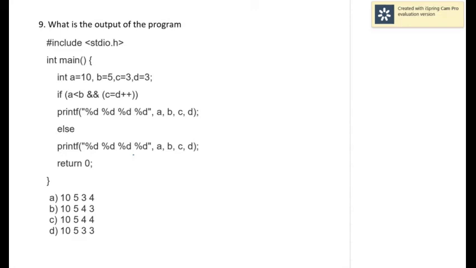In the same example, I have changed a greater than b to a less than b. Please try to substitute the values here. 10 is less than 5. It is false. When we have a logical AND operator, once we have encountered false, no need to calculate the other expression, because the total expression will become false irrespective of the value of the other expression.